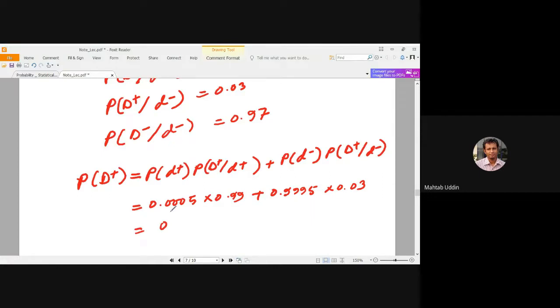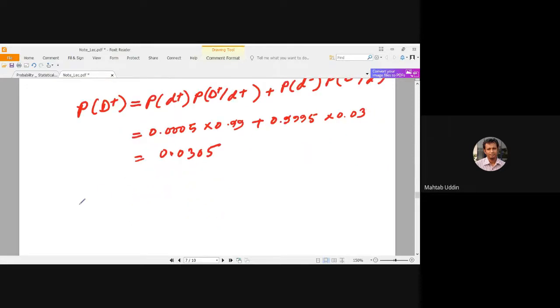Please try to calculate it. 0.0005 into 0.99 plus 0.9995 into 0.03. This is 0.03048. So I'll take 0.0305.